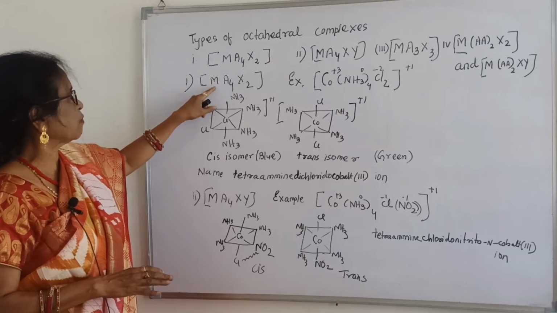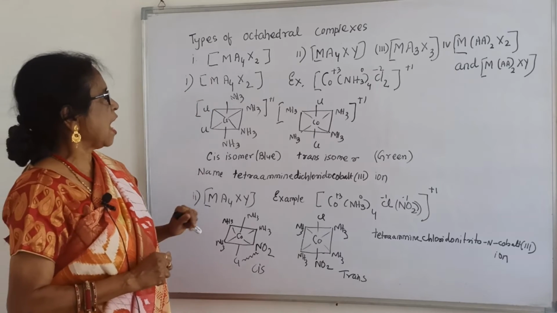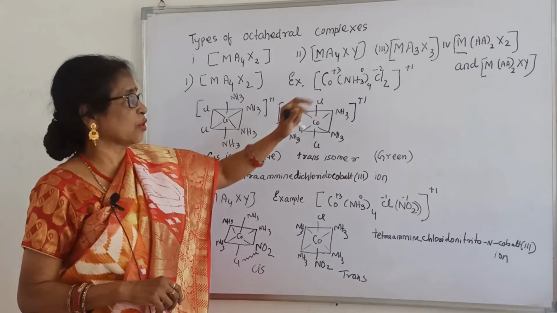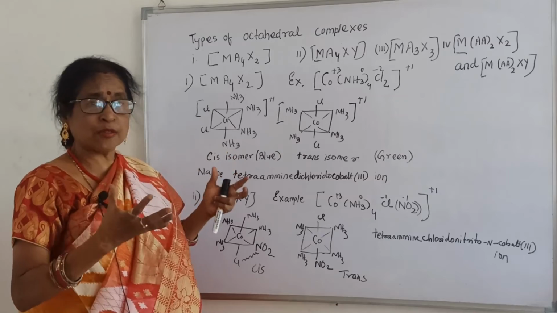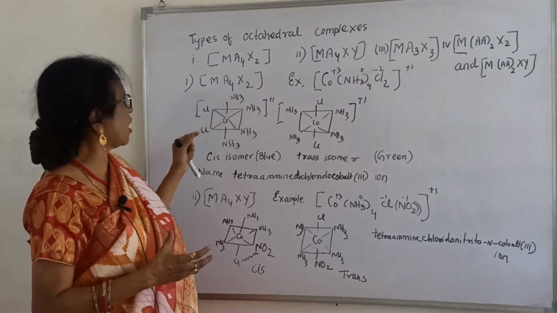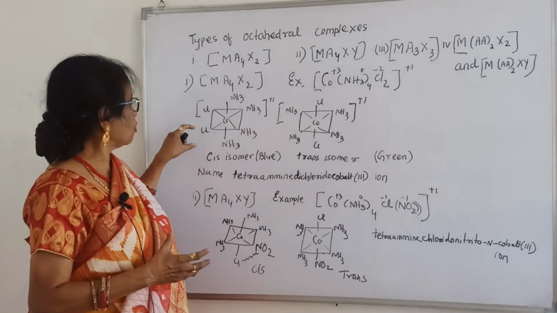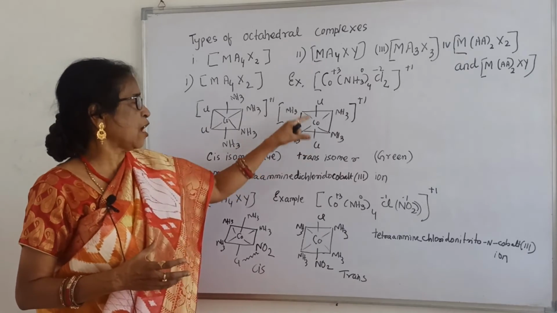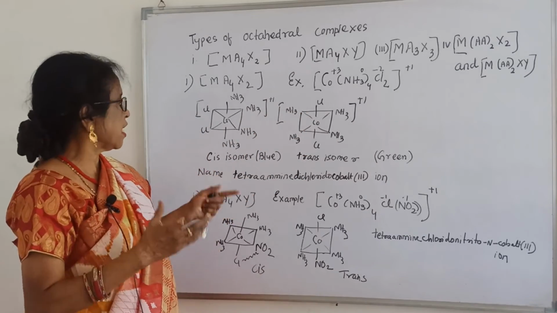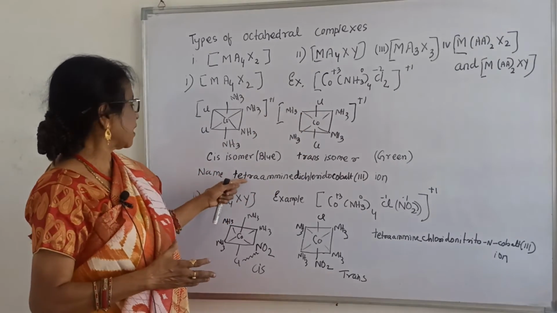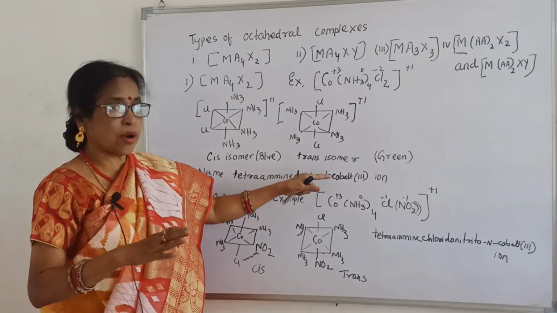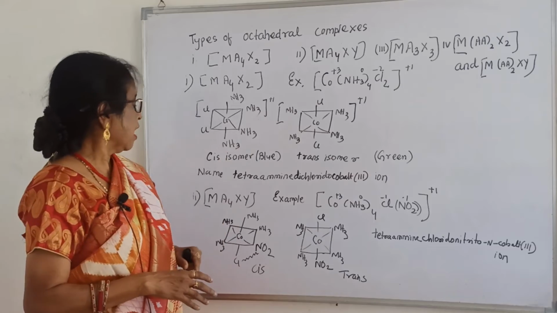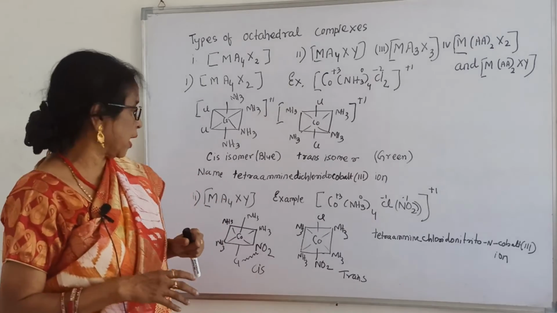Here I have explained Ma4X2, example Co(NH3)4Cl2, and here you can write NH3 4 times. So you can fill all the positions, and Cl here. So you can put cis, Cl above and below, trans. Name is tetraamminedichloridocobalt(III) ion. It is a cationic complex.